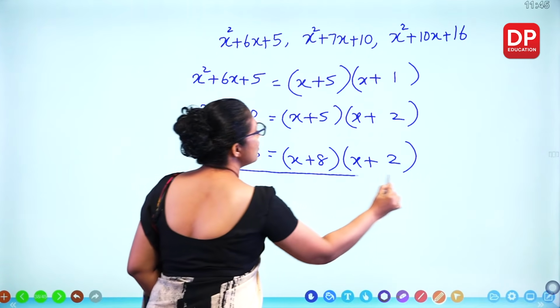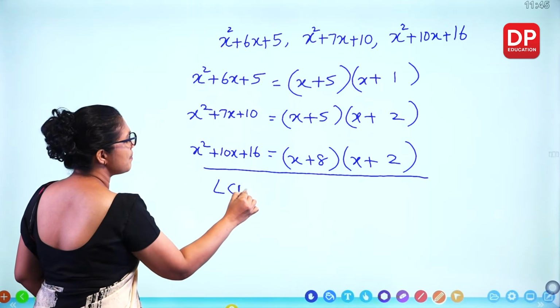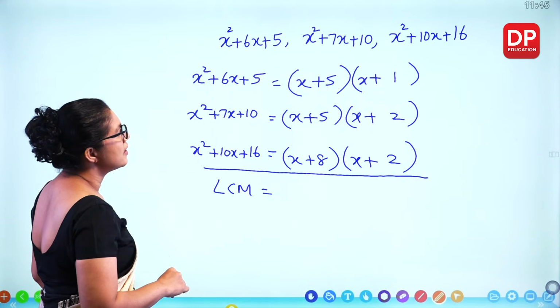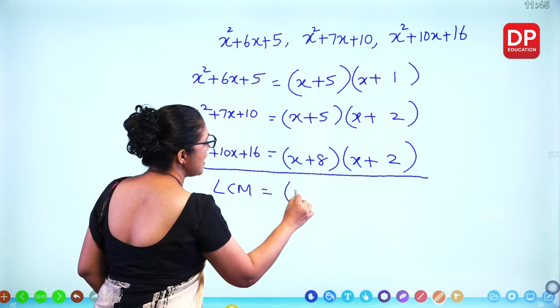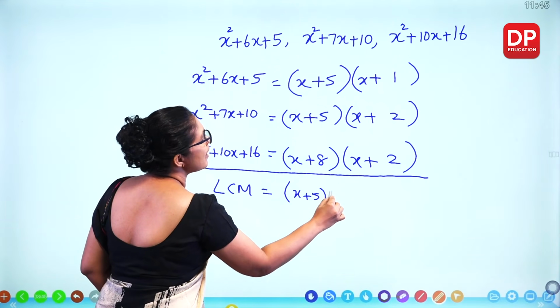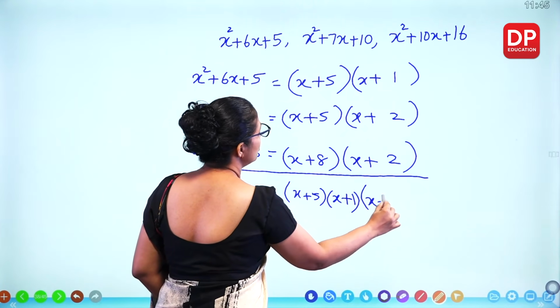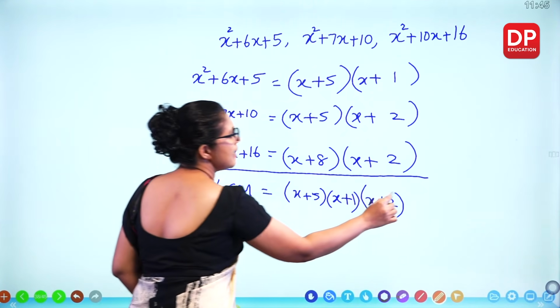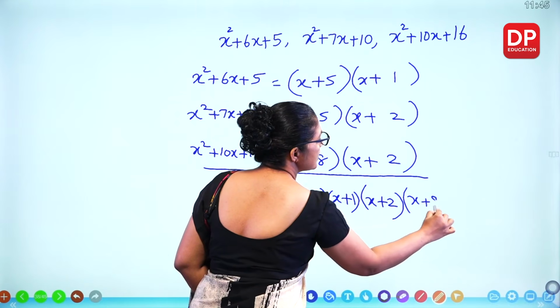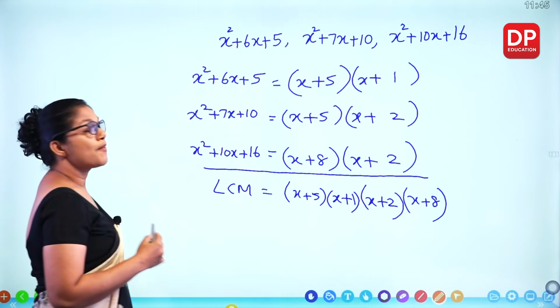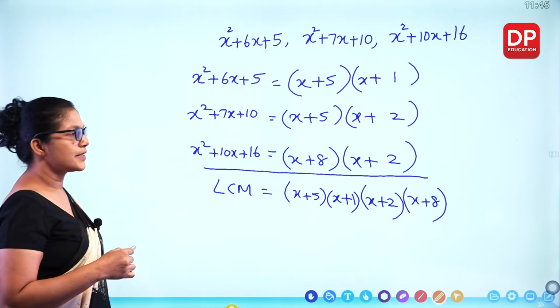Now if you want the lowest or least common multiple, how do you find out? x plus 5 is there, x plus 1 and x plus 2 and x plus 8. So you have to write down all terms.